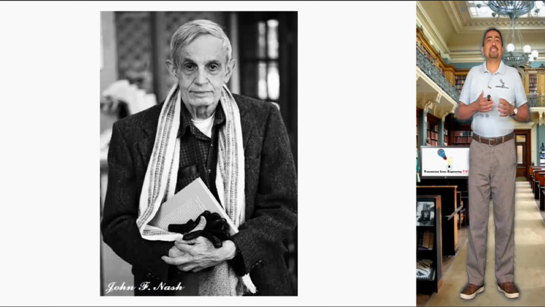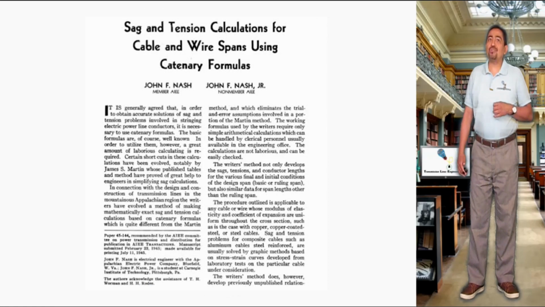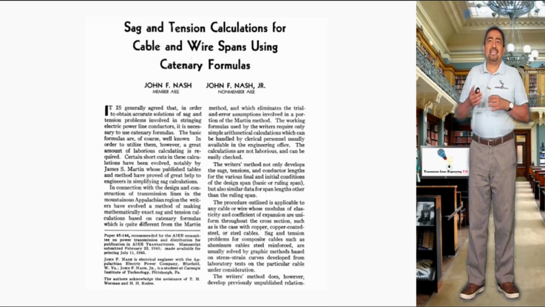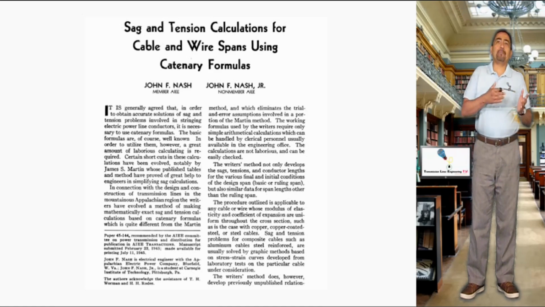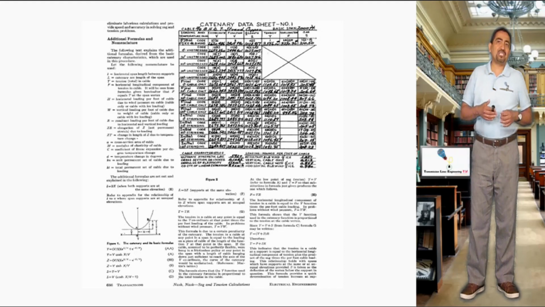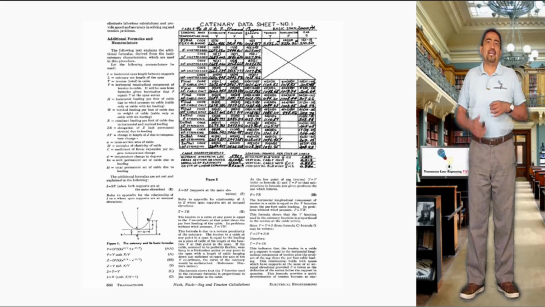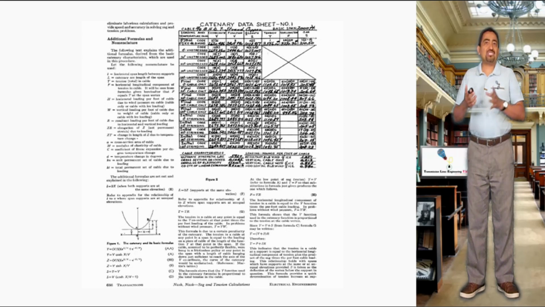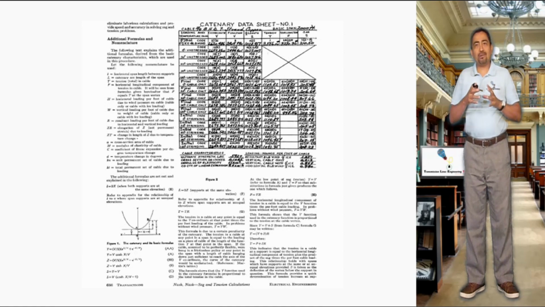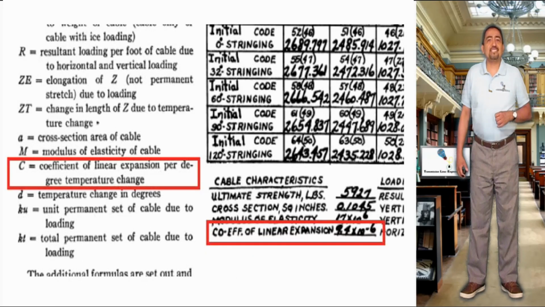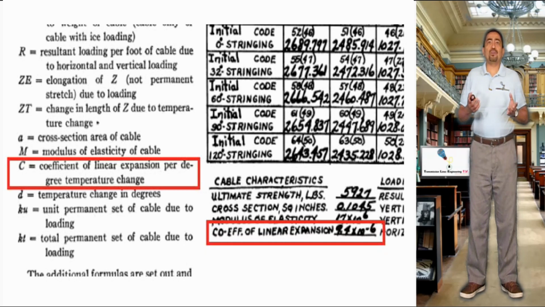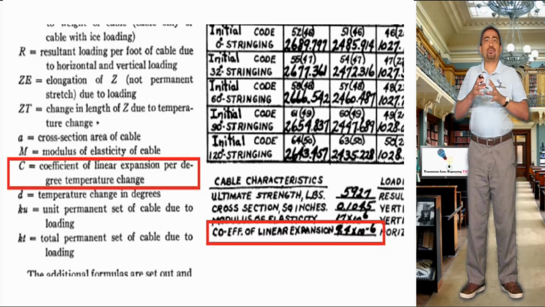It turns out that in 1945, John Nash and his son John Nash Jr. developed another calculation model, taking various models based on the difference of temperatures, the elastic properties of the conductor, as well as the ice overloads, but added a new factor which influences the calculation of the conductor sag: the thermal expansion coefficient, which is a value for each conductor type.